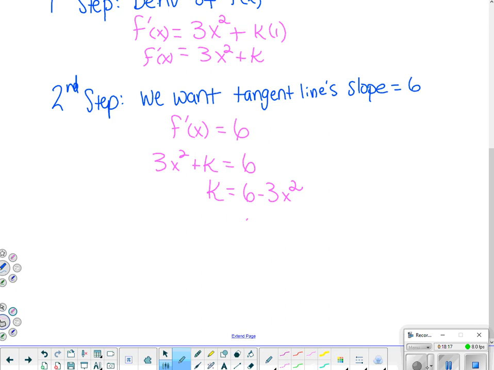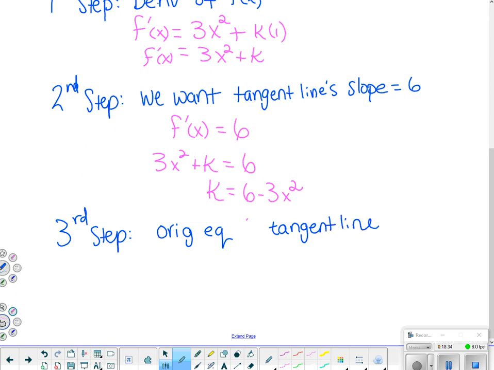My third step: if the original equation has a tangent line, then they have to hit at the same x. The x from here must equal the x from there, correct?